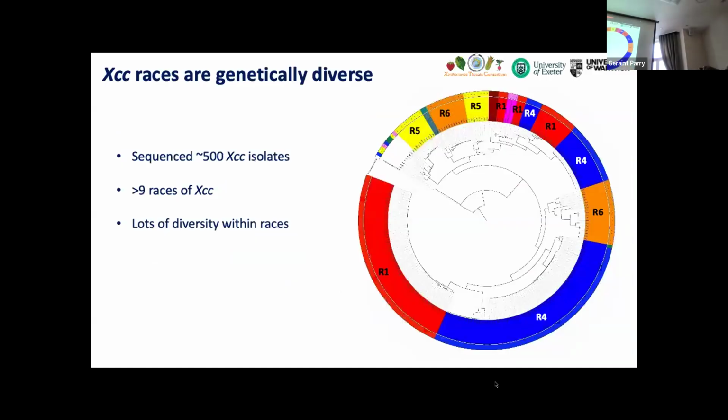At Warwick, we sequenced around 500 different XCC isolates, and you can see here that we have more than 9 races. So again, this is a very complex disease. There are different races with different genetic diversity, pathogenicity and virulence. That's why controlling this disease is also difficult.